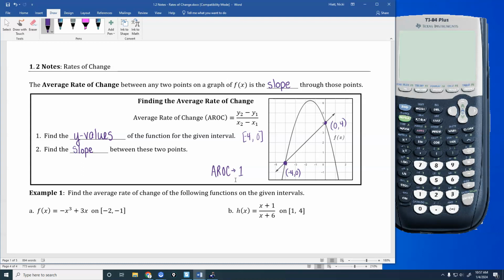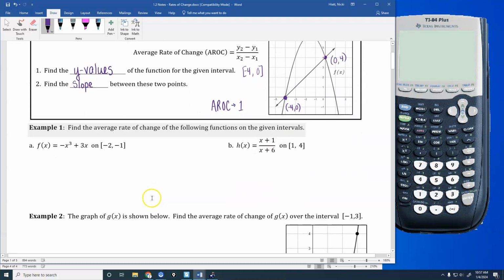Average rate of change equals 1. There's no guarantee that they're going to accept that as an official abbreviation, and it is not worth risking your college credit for this class for the 2 extra seconds it takes to write that out. So write it out. On your homework, it's okay, as long as you know what it stands for.